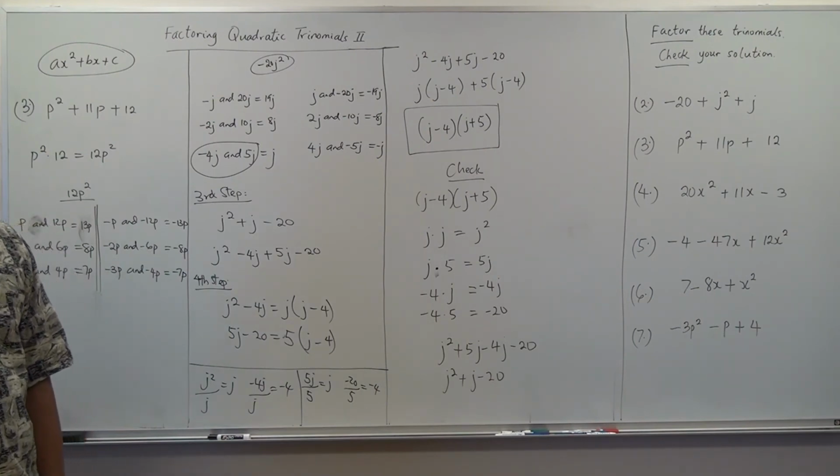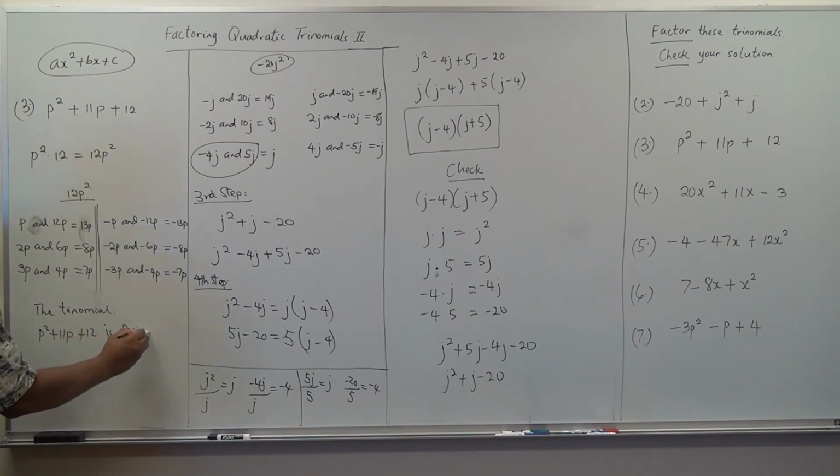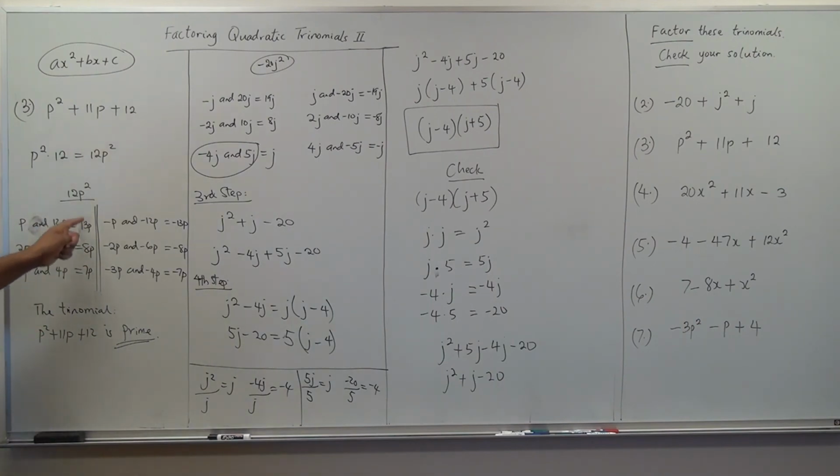So we just say that the trinomial p squared plus 11p plus 12 is prime. Because we don't have anything here that is the second term, 11p, we just say that it's prime.